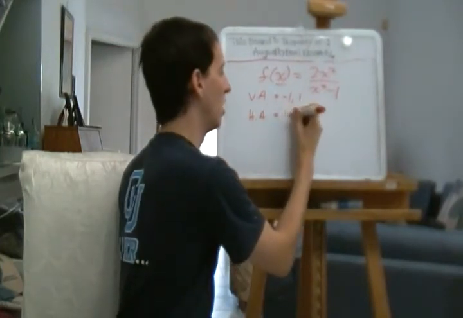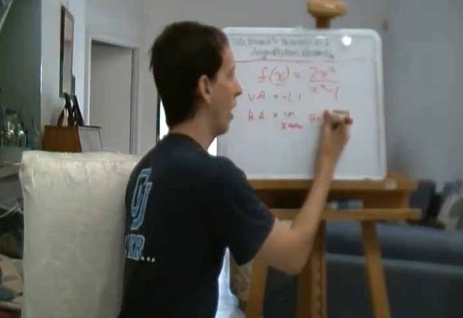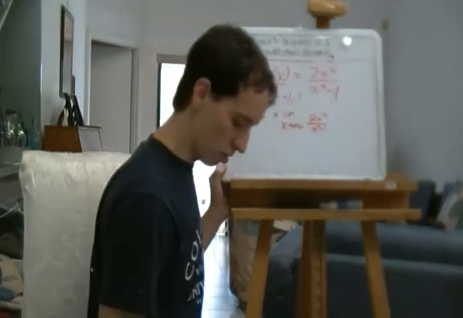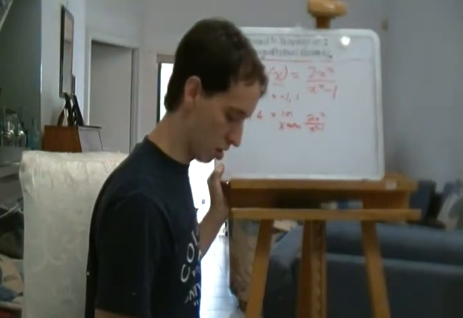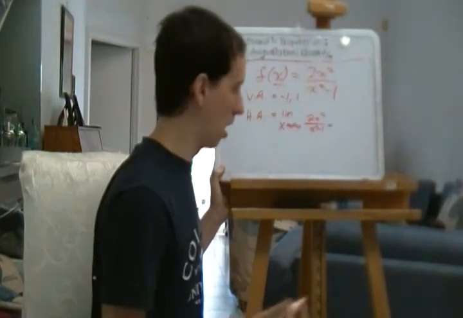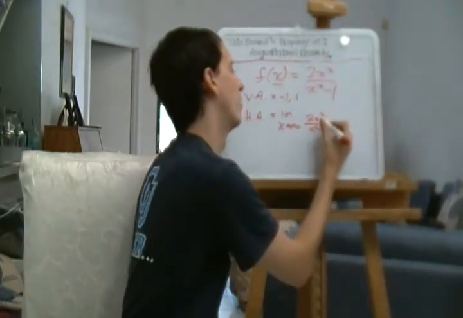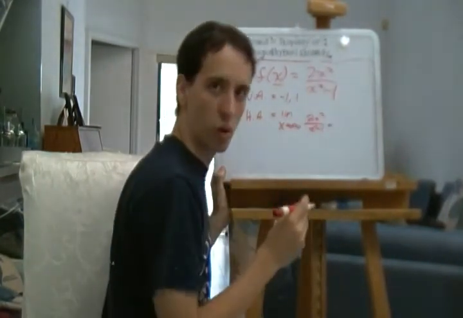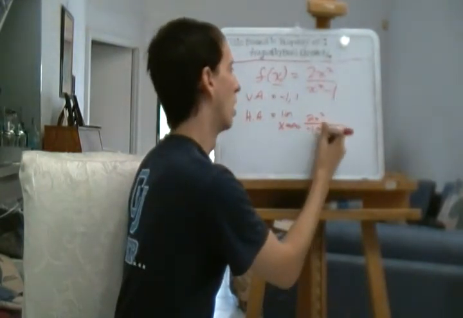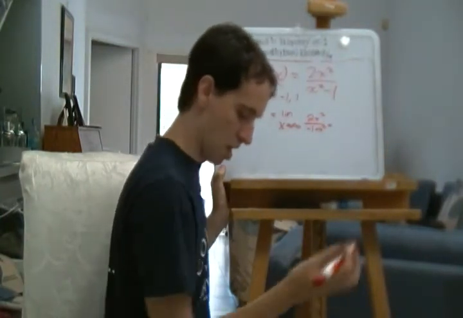Horizontal asymptote: we check the limit as x approaches infinity of 2x squared over x squared minus 1. And, you know what? We can totally do this. How can we do this? Well, by dividing by x squared. Let's go ahead and divide. We've got x squared on top, x squared on the bottom, and let's write it as -1 plus x squared, just to make this a little bit easier.